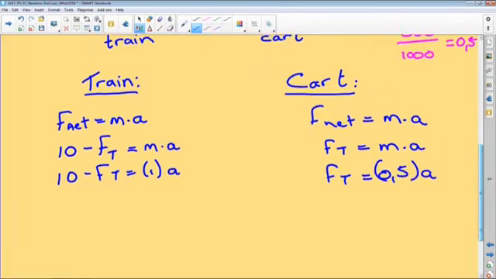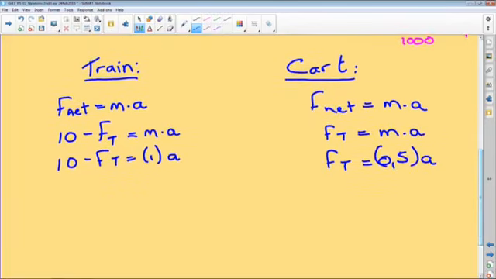Okay, now that's fine if you look at it, but it's not very tidy. So I'm going to tidy up a little bit, and I'm going to give these numbers. I'm going to make tension, or force tension, the subject of our equation here. So that means I'm going to need to move things around a little bit and make this equation 1, and this one can stay as it is.